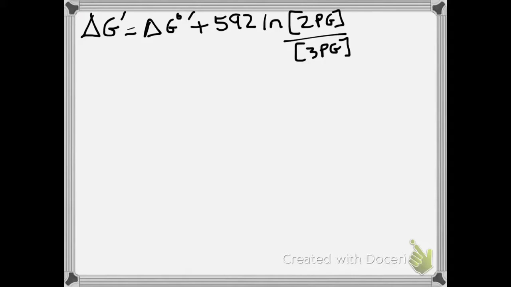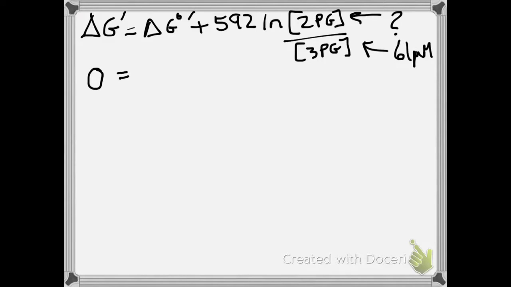Okay, that's our starting point. We're talking about a situation that switches from negative to positive, and so we're going to set delta G prime to 0, and we're going to solve for the concentration of 2 PG.